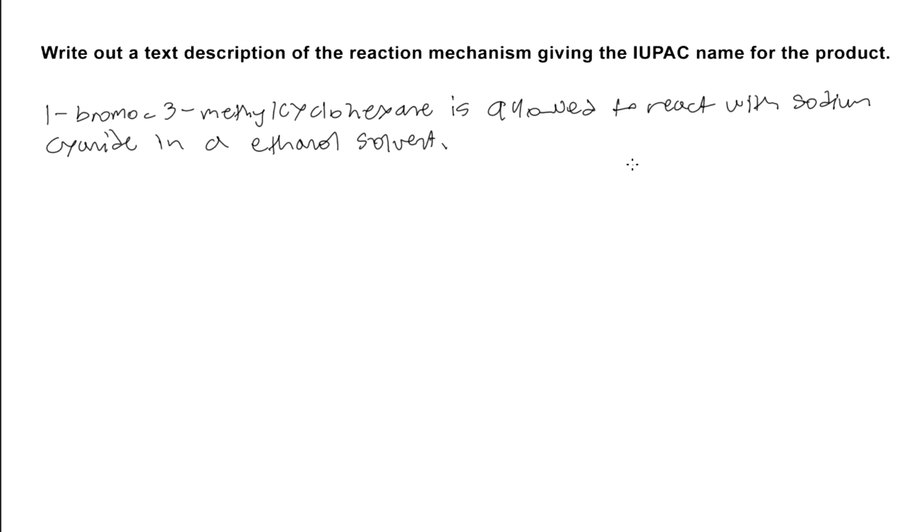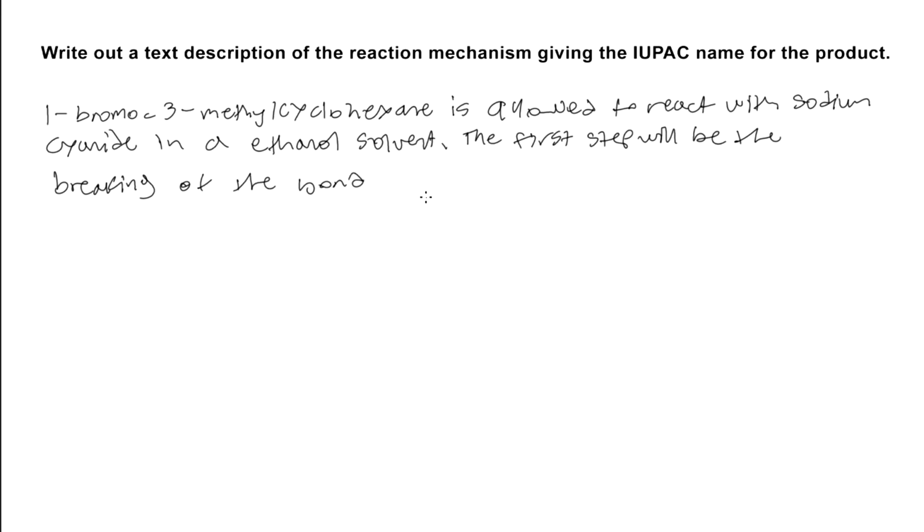So first we're going to talk about what our first step would be. We would say the first step will be the breaking of the bond between the first carbon, the carbon that's attached to the bromine, or the bromide at this point, between the one carbon and the bromine.